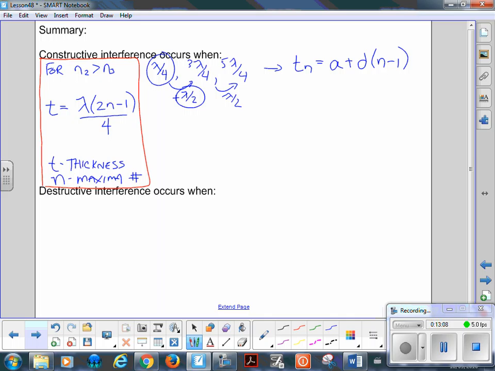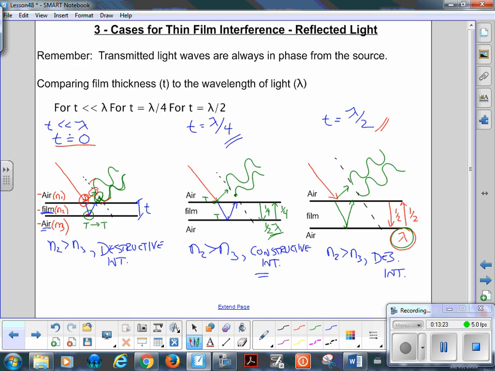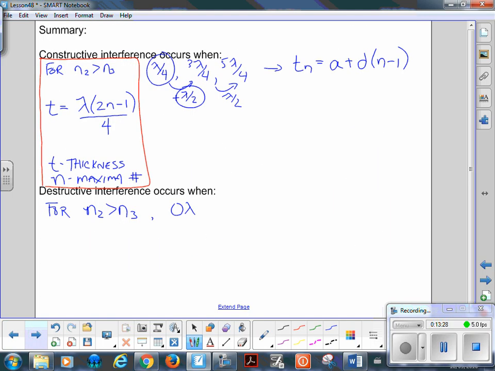If we look at the other side then, for N2 again greater than N3, the sequence for that one would be, if we look back, 0 lambda, we had destructive interference. So we had destructive interference for 0 and lambda by 2. So 0 lambda, and then we got lambda by 2.